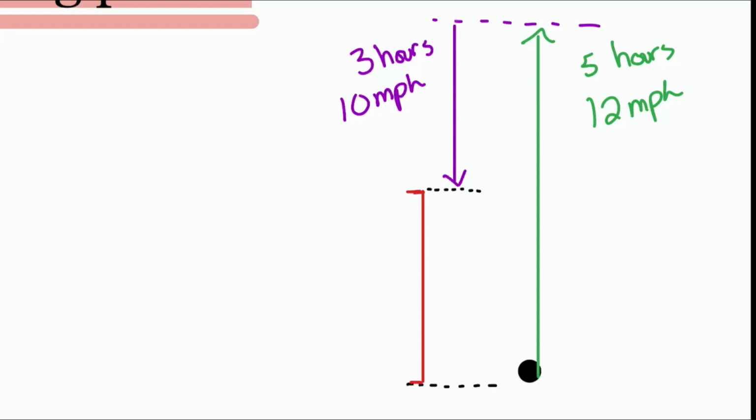We just want to know how far we are from where we start to where we end. And I hope we can notice that there's a very clear overlap. Every step we go up and down, it cancels out. So all of this is canceled out or subtracted for the sake of getting us to where we end up.